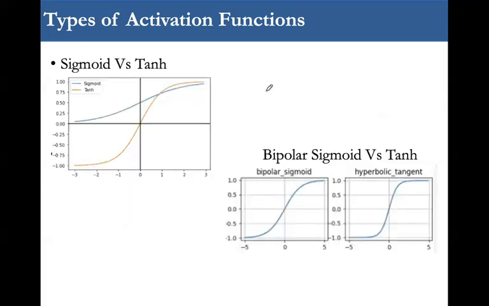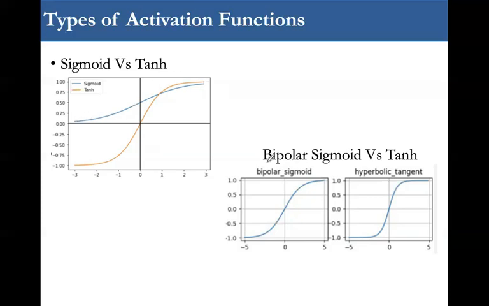Now we will look into what is the difference between sigmoid as well as tan h. Both are S-shaped curve. Even though both are S-shaped curve, sigmoid looks this way, and tan h is a properly S-shaped curve which ranges between minus 1 to plus 1, whereas the sigmoid is from 0 to plus 1.